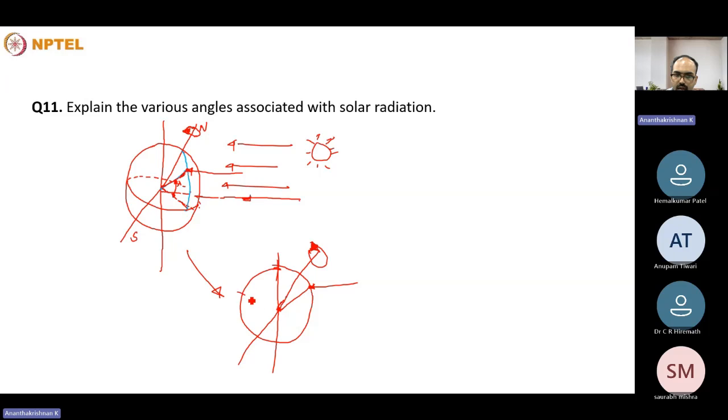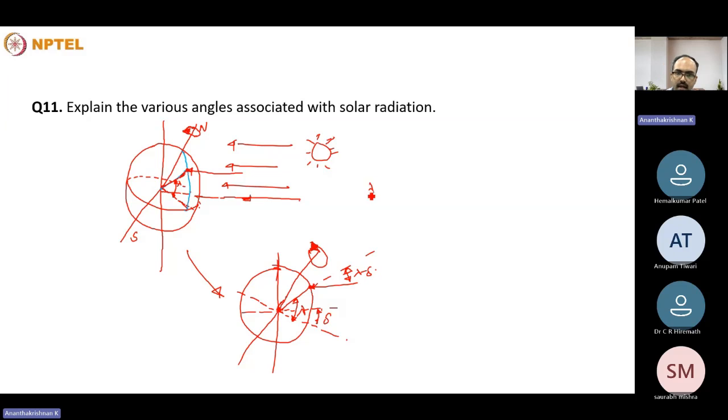Its angle from the equator is denoted by a dotted line and represented as lambda. And from the central line, there is another angle called delta. I'll clearly explain what these angles are. Then this angle is called lambda minus delta.